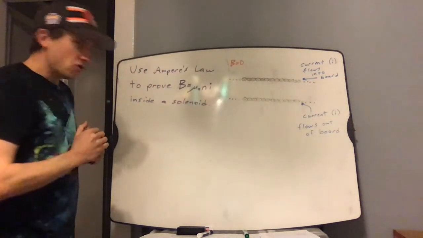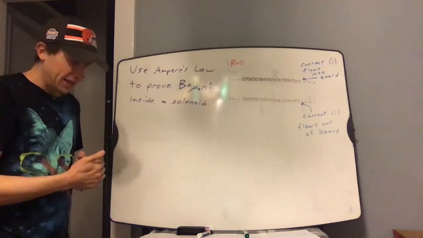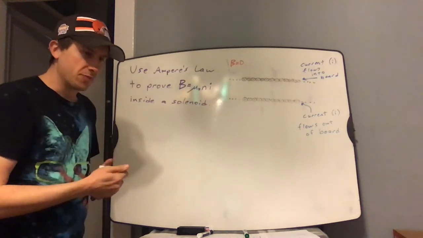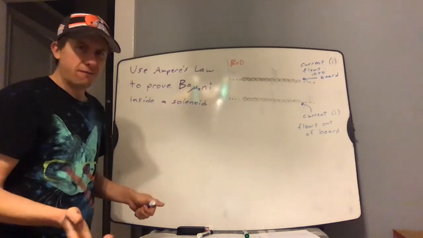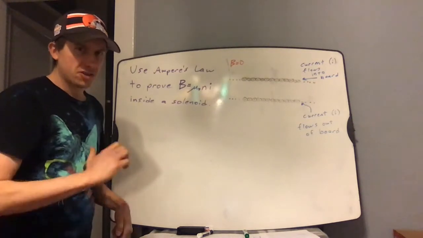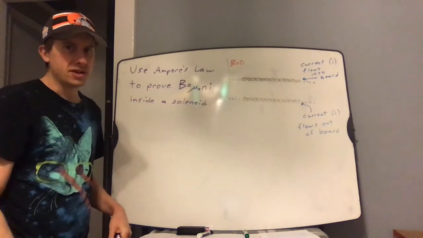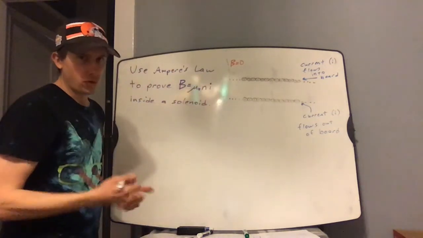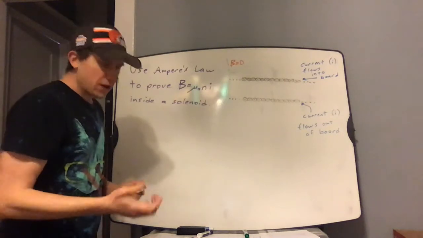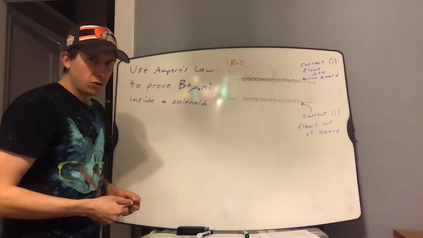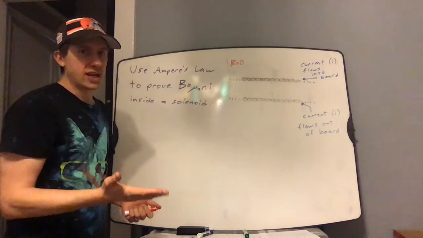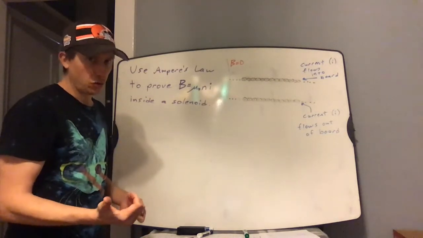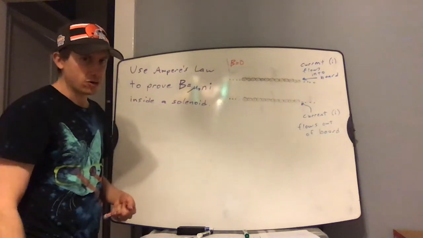Okay, so in the case of an ideal solenoid, we want to ask what is the direction of the magnetic field. The magnetic field will point along the central axis of the solenoid. So in this case, the magnetic field will point either to the left or to the right. To find the direction, I could use the right-hand rule, where I have my four fingers as the curly part and my thumb as the straight part.